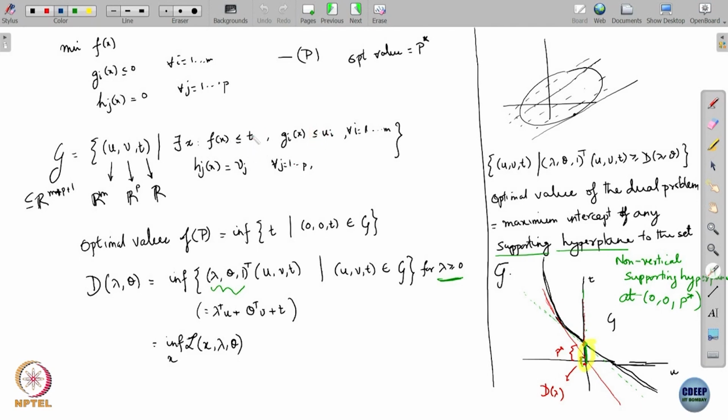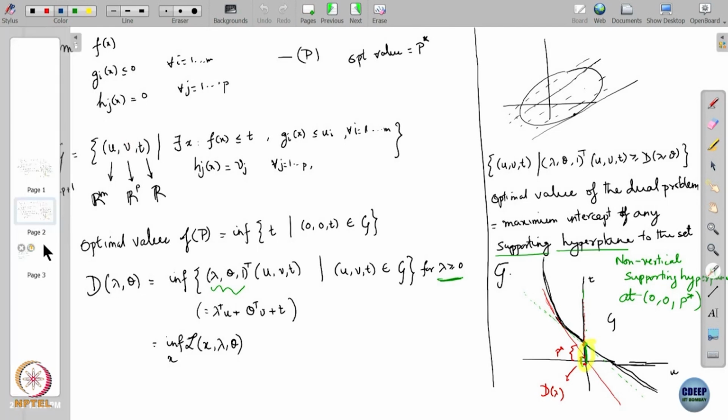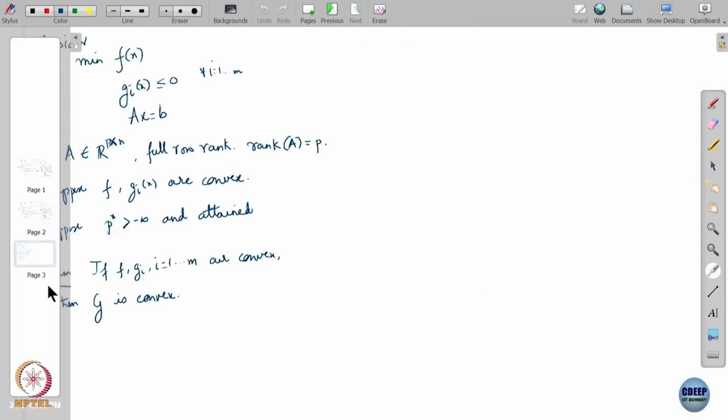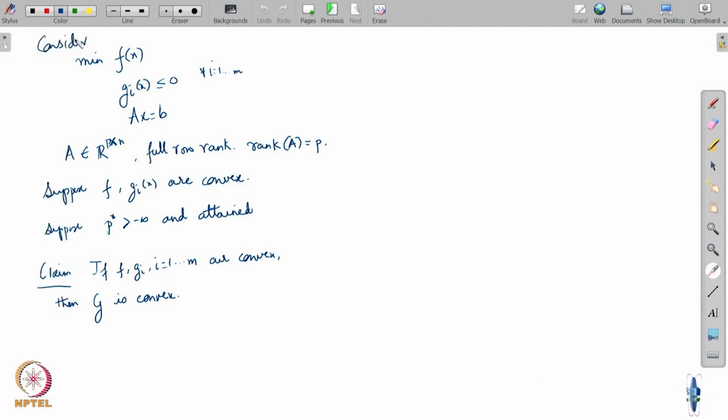So, what we need to argue is that if (u1, v1, t1) and (u2, v2, t2) are in G, then any convex combination thereof is also in G. So, maybe I will just show you the proof of this. Let us quickly do a proof of this.